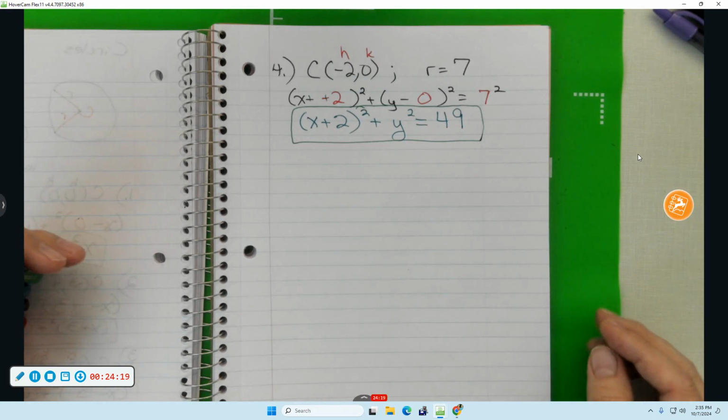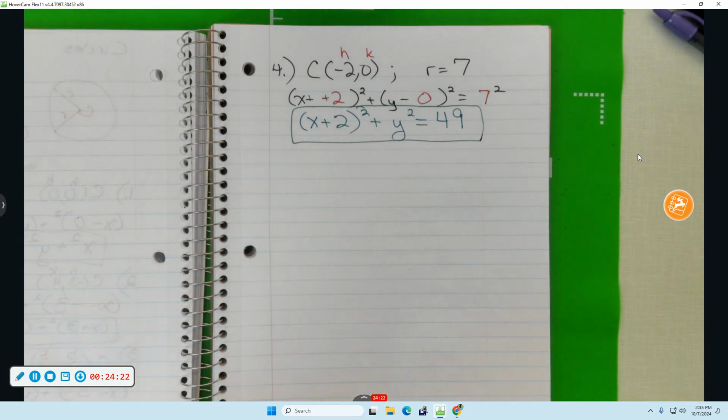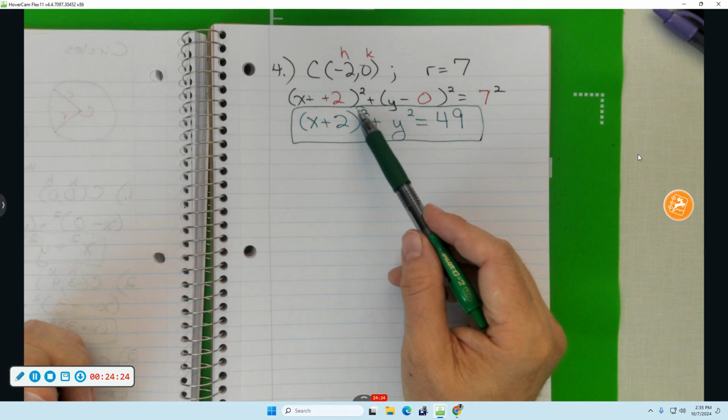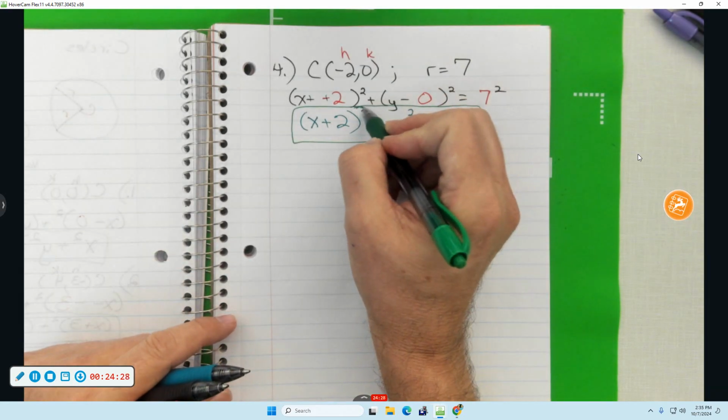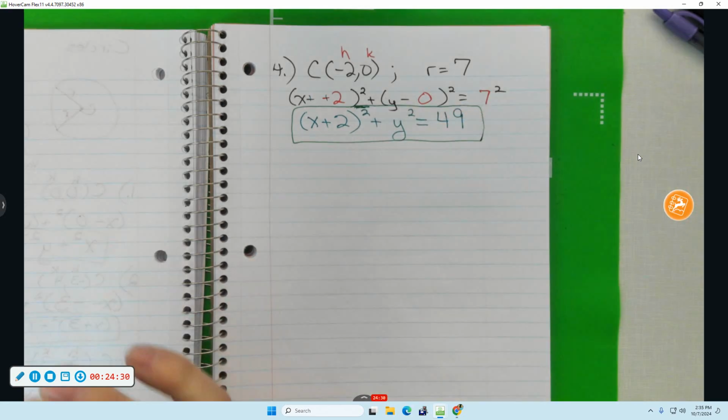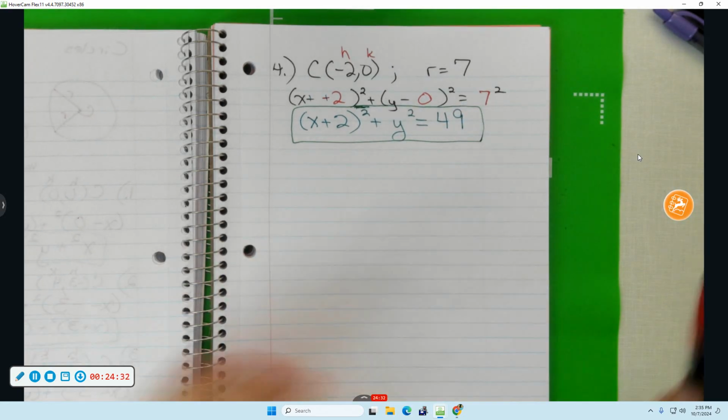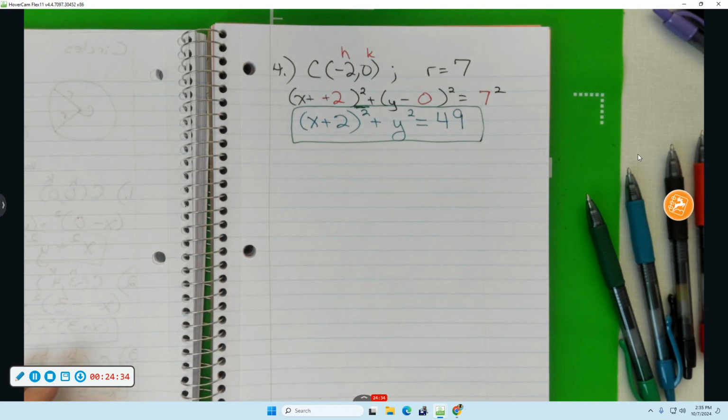Any questions there? That is a square. It looks weird with those little marks above it, but that's just a square. So x plus 2 squared plus y squared equals 49.